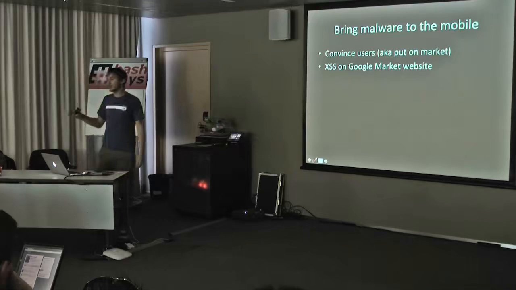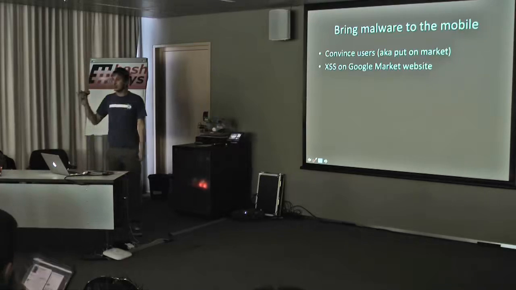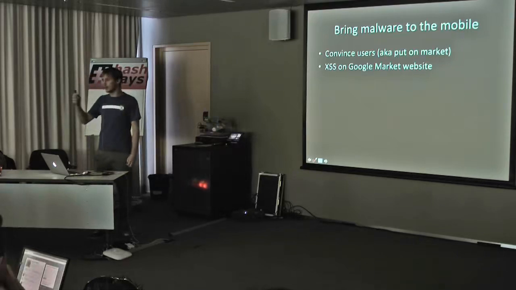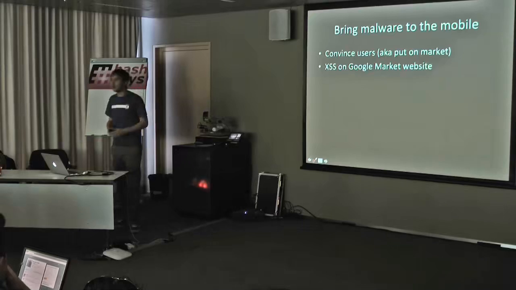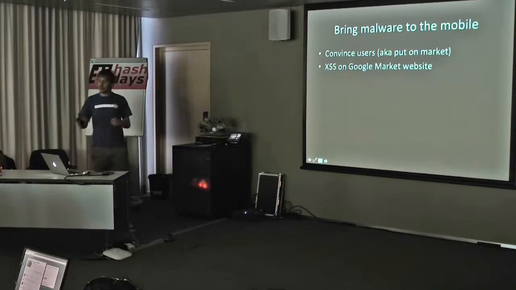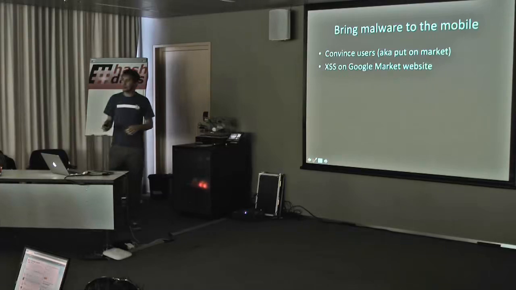The other way is if you log into the website market.android.com and install an app there. You log in with your Google account, which is associated with your mobile phone, and it will push it down over the Google push service, and it gets installed. So cross-site scripting is actually enough. If you find cross-site scripting on the Google Market website, just send me an email or something. It would be pretty interesting.